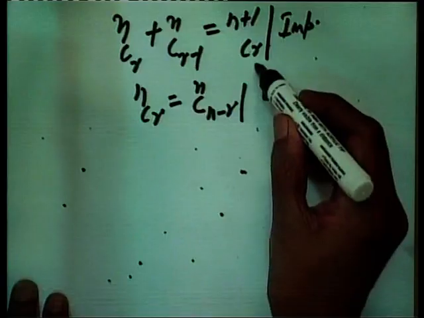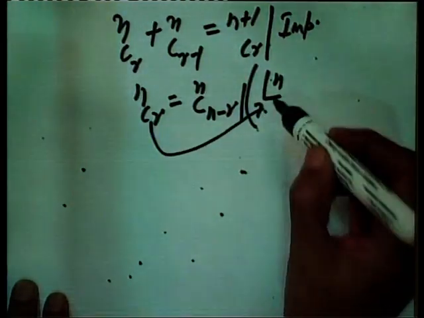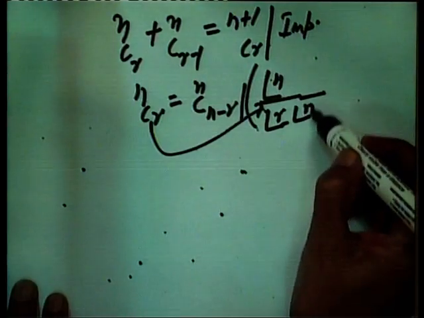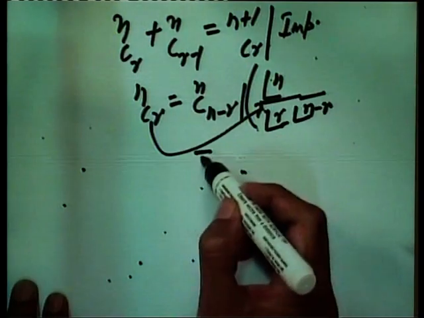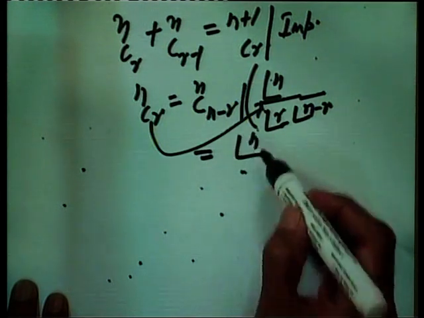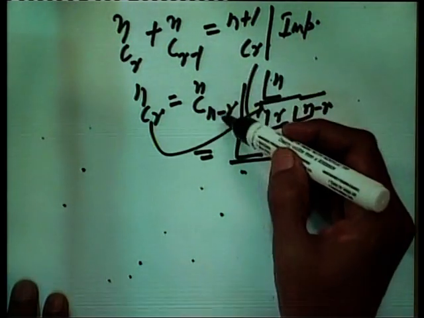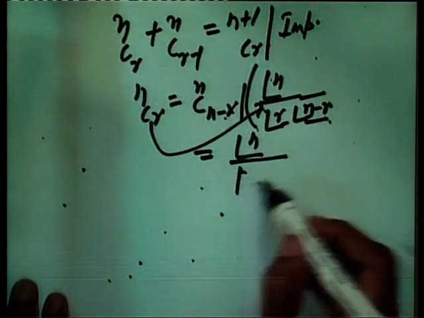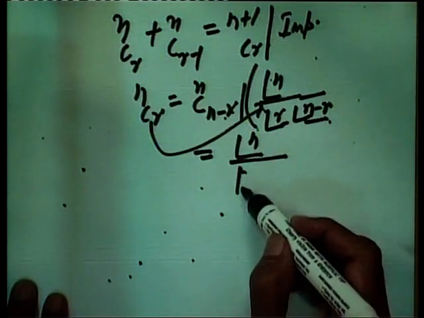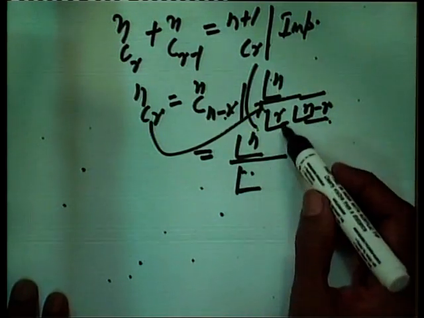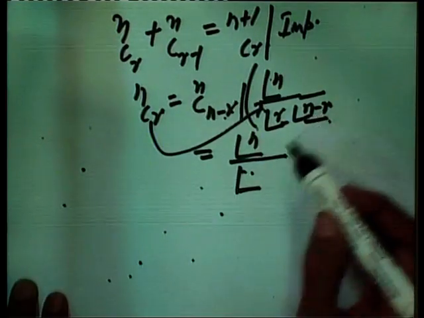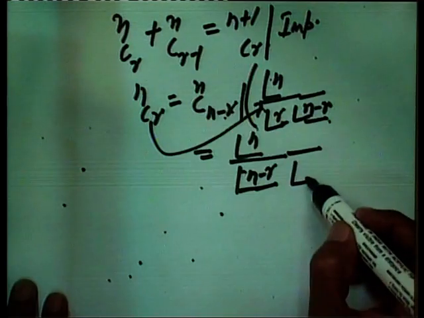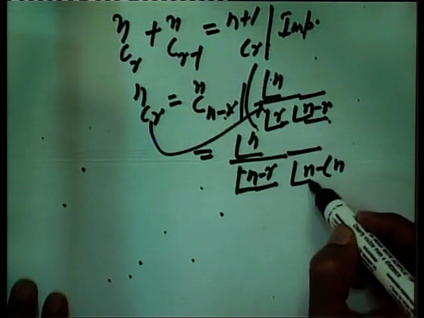This is factorial n upon factorial r into factorial n minus r. This you can still write as factorial n upon factorial r into factorial n minus r, because you want nC n minus r.